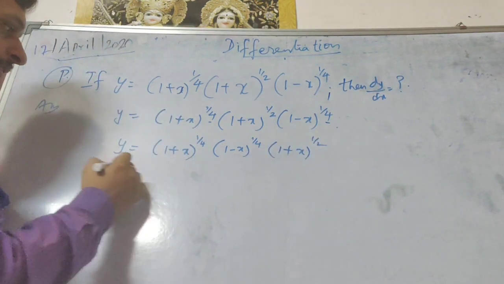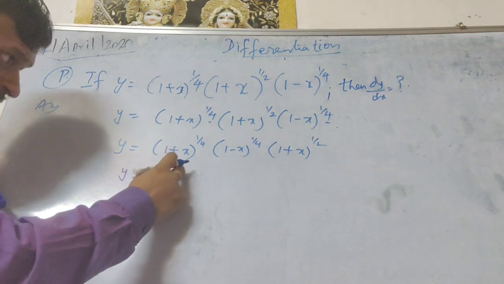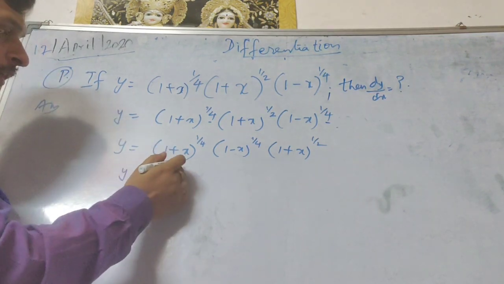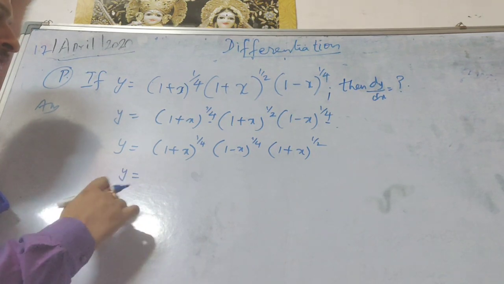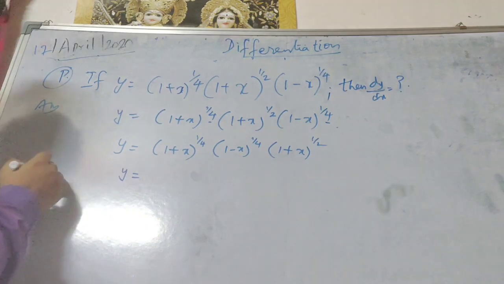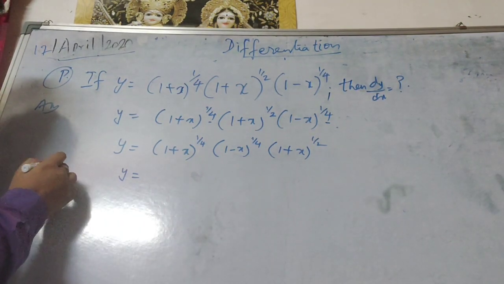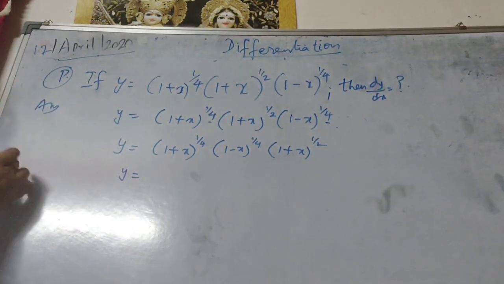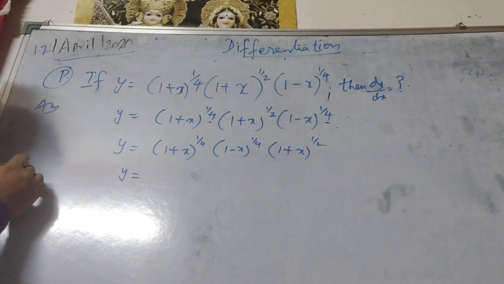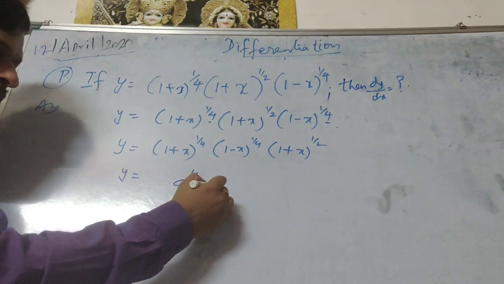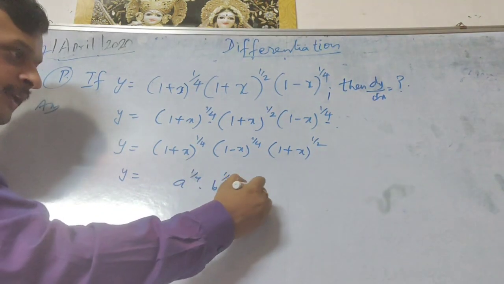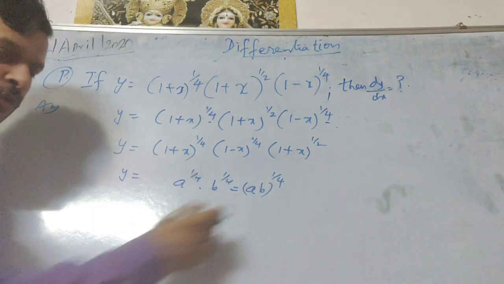Suppose a power 1 by 4 into b power 1 by 4 will be equal to ab power 1 by 4.